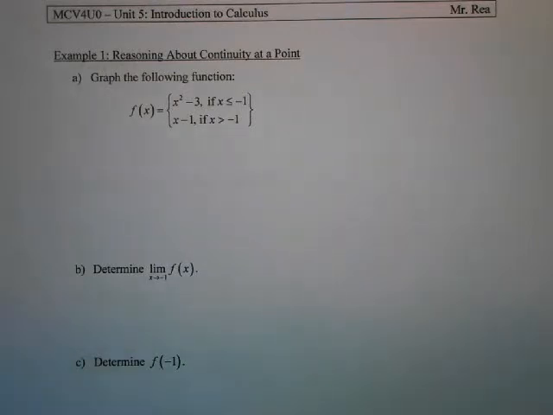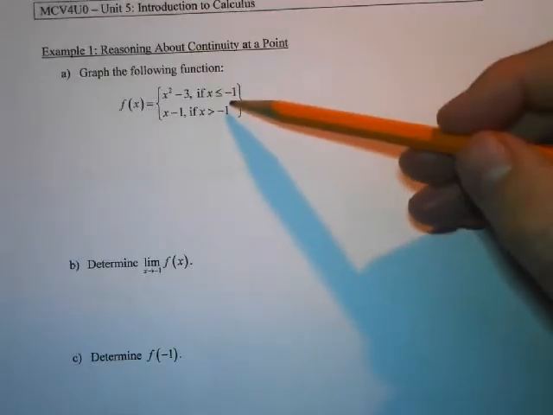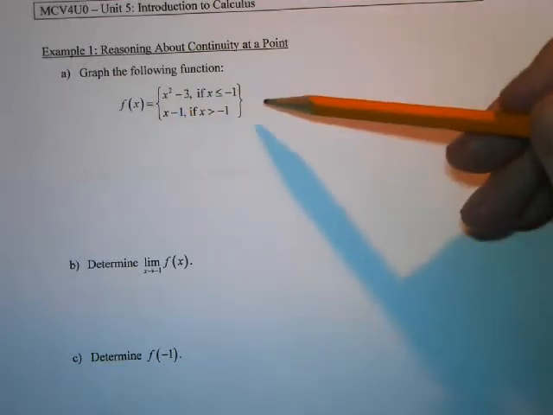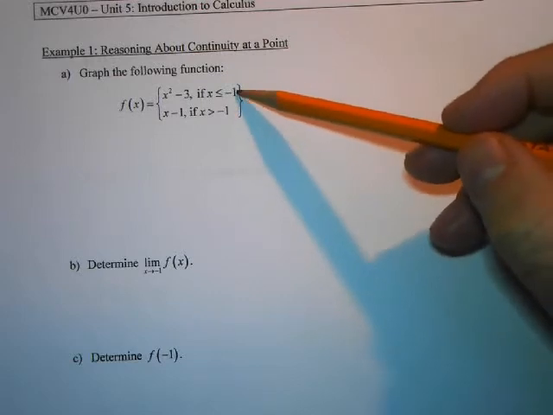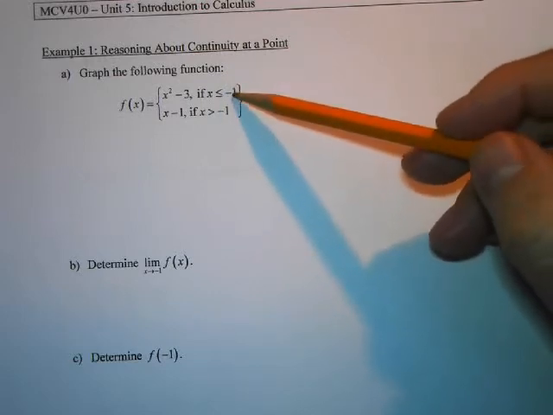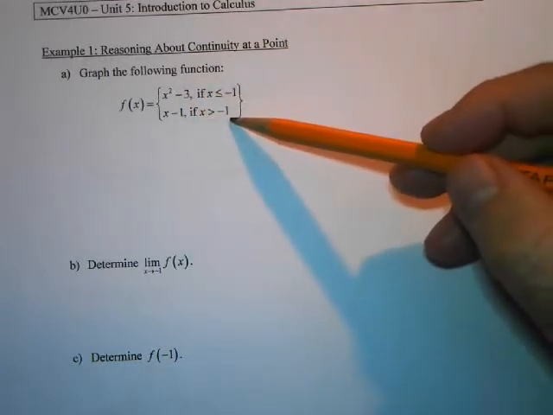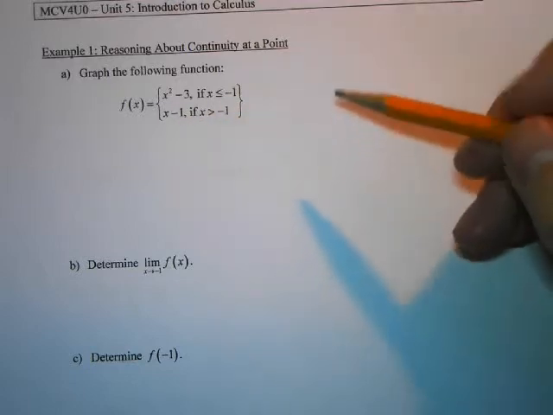So here we've got another function defined. It's a piecewise function. Basically, there's a break at x equals -1, and it's x squared minus 3 on the left side, or to the negative side of -1, and also right at -1 we use that formula, and to the right, when x is above -1, we use x minus 1.